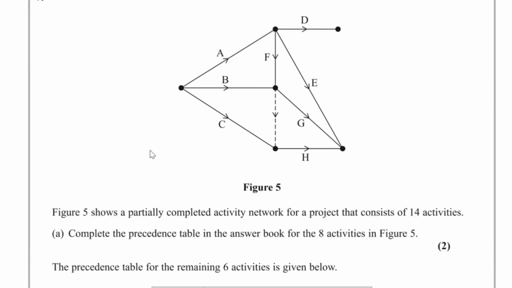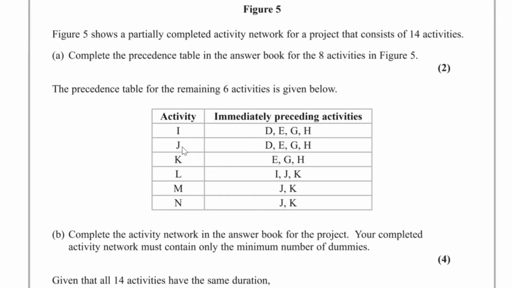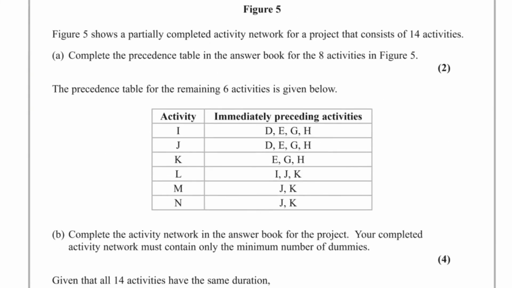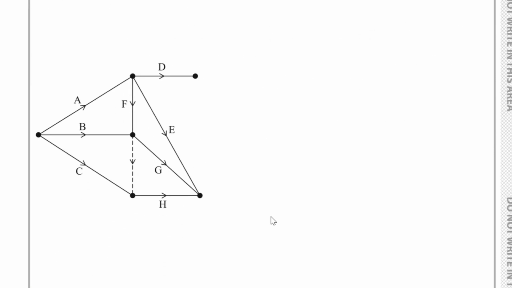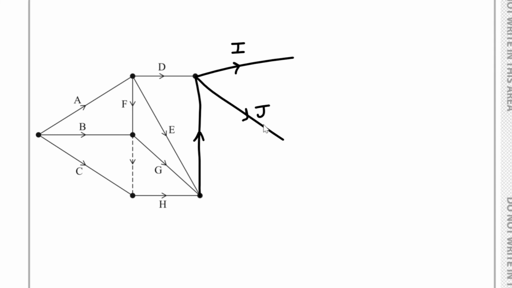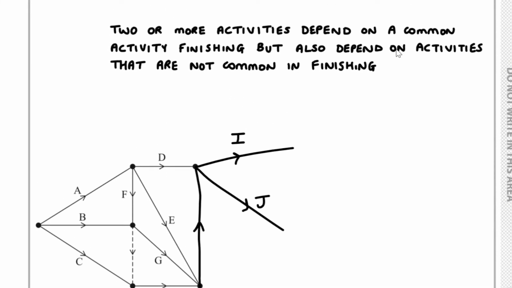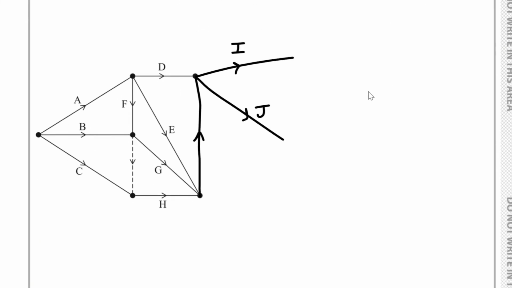So if we go and take a look at the next activity, I and J both depend on D, E, G and H. Now D, E, G and H are all shown, and I depends on both of them, and so does J. So we've got I, which depends on all of these activities, like so, and so does J. But the problem is, you can see here that we need at most 1 activity between 2 events.